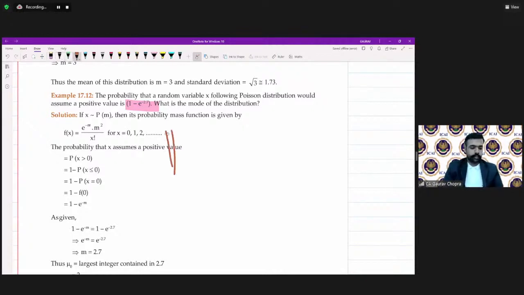I think there is some error here. Once again, guys, I will close the application and start it once again. So I'm pausing the screen for a few seconds.